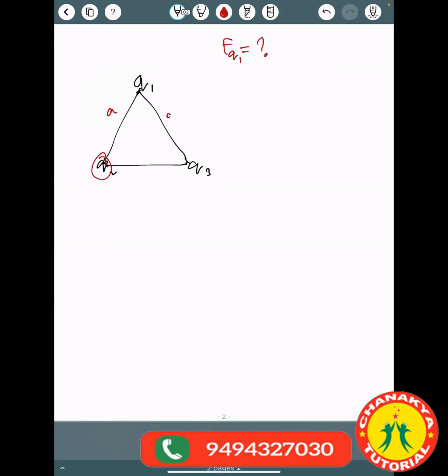Let's say the side is A. So on Q1 due to Q2, the force is k Q1 Q2 by A square. Correct? Now you have to take this as x-axis, and anything you can take as x-axis, this as y-axis. If it is an equilateral triangle, all angles will be 60 degree. Correct? So what will be the direction of this force?